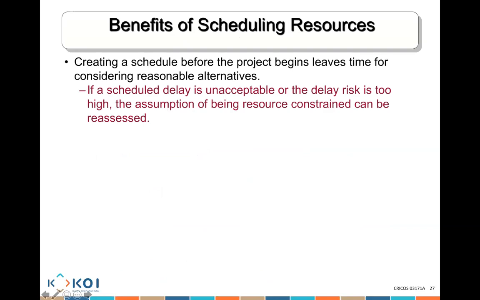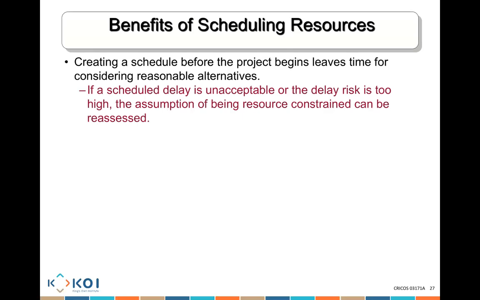Now, it's very important to consider how important it is for you to schedule resources. If you create a schedule before the project begins, you should always leave time to consider what would happen if things were to go wrong.